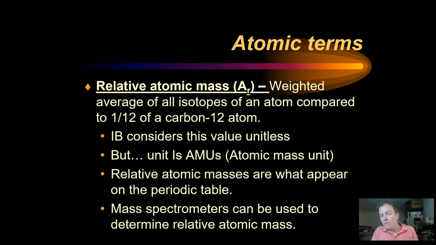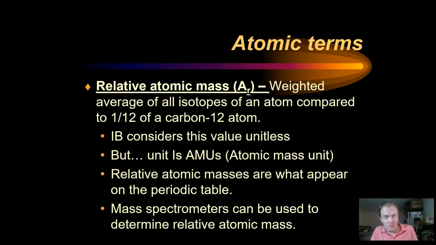So you need a unit to weigh atoms in, or a way to weigh them. There's a device called a mass spectrometer, and basically what that can do is separate an element into its different isotopes. So you need a unit, and it was determined that 1/12 of a carbon-12 atom would be 1.